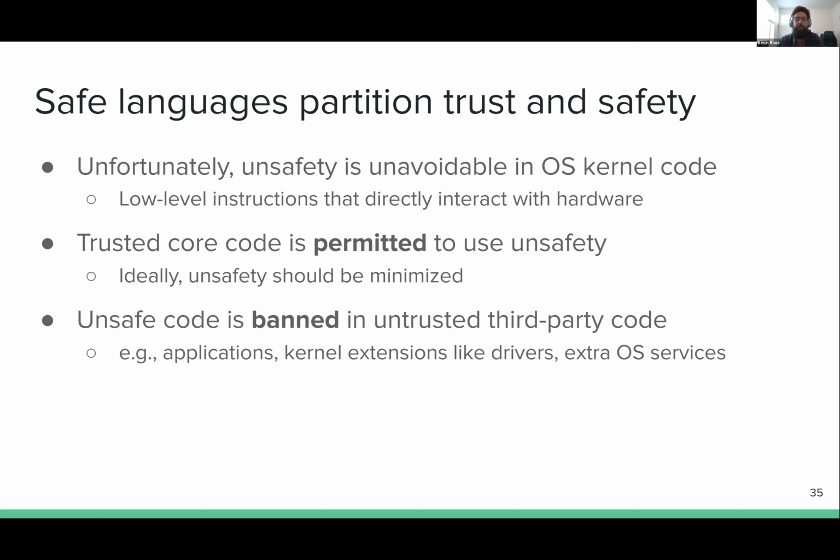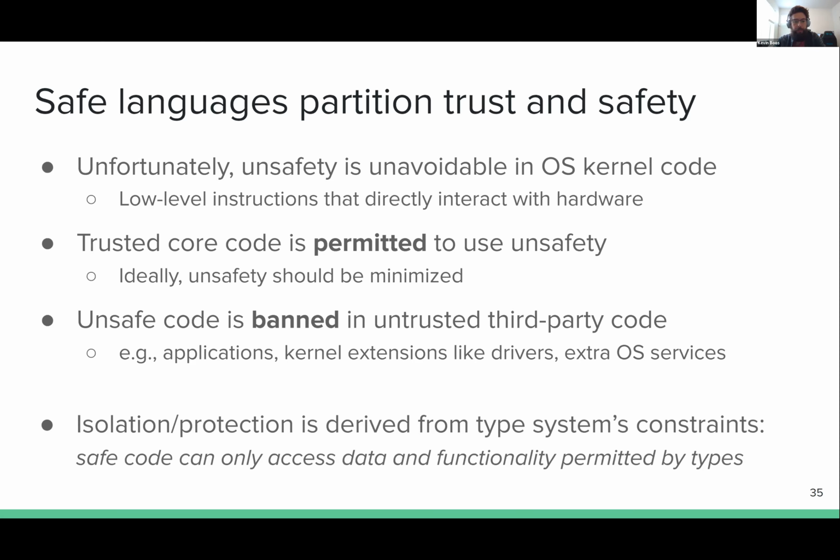And then in untrusted or third-party code, like user applications or kernel extensions, unsafe code could be banned. So in that case, you as the system designer, maintainer, developer, are able to say, okay, I know that I wrote this unsafe code correctly, and no matter what anybody else does, as long as they only use safe code, all of my guarantees will be upheld.